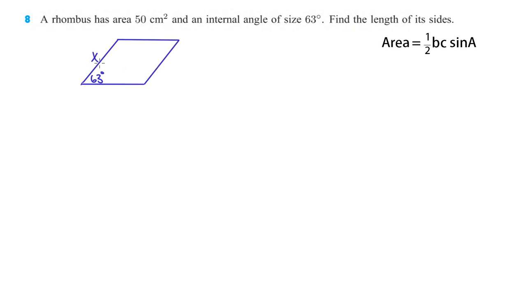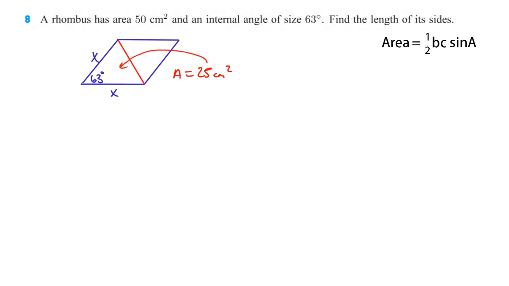So we know that these two lengths here, if we were to cut this in half, like we did the problem before here, we know these two side lengths have to be the same. And that's going to give the area of half of this. So if the whole thing is 50, we know that the area of this thing here equals 25 square centimeters, right? That's going to be this piece right here.